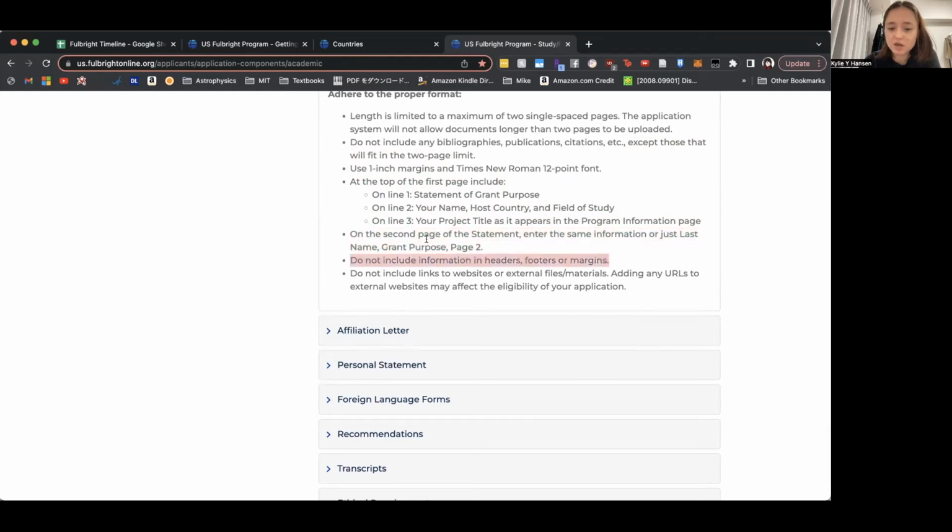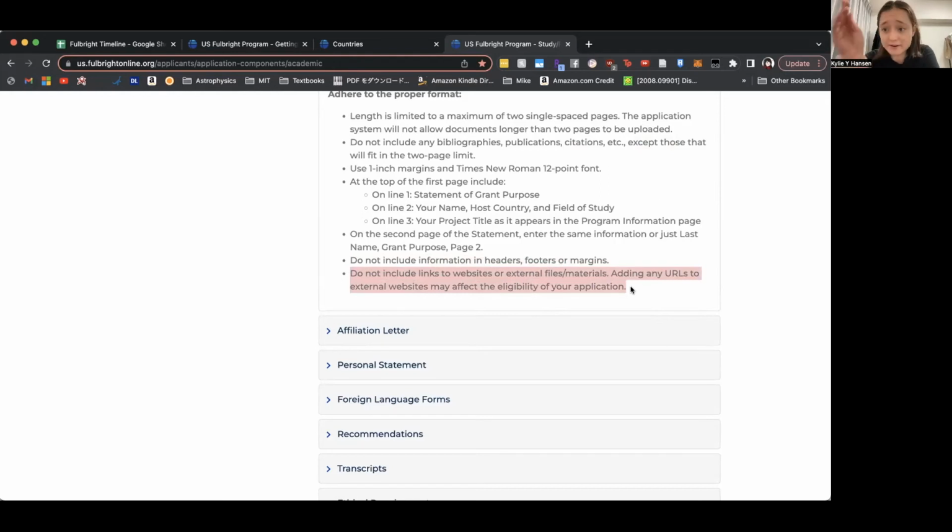And then do not include information in headers, footers, or margins. So just the normal lines. And do not include links to websites or external files and materials. Adding any URLs to external websites may affect the eligibility of your application.